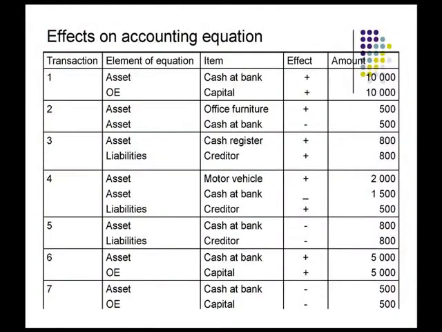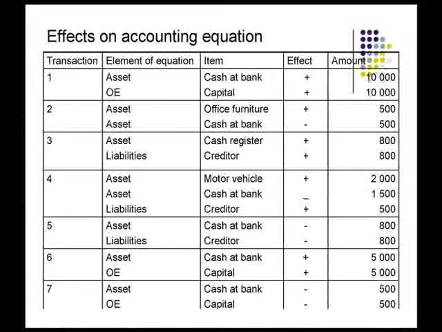On fourth, owner purchased a motor vehicle for 2000 kina. So therefore, motor vehicle is an asset increased by 2000. And what happened to the cash? He paid 1,500 immediately, deposited 1,500.